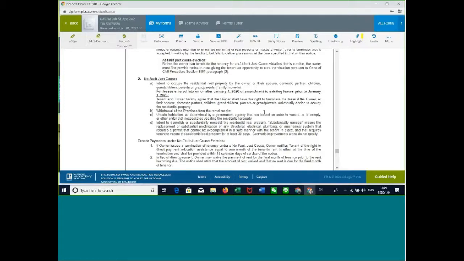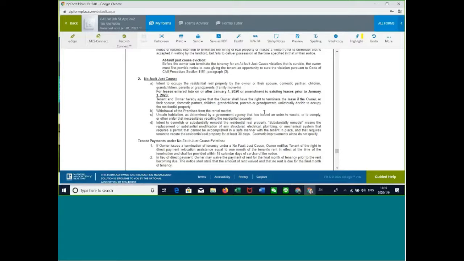Now, if the property is unsafe, you need to end it. You need to pay relocation costs to the tenant. Okay. Property is unsafe. Even though it's the landlord's fault that it's unsafe, the landlord has the right to end the lease.